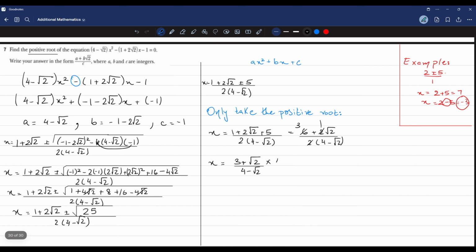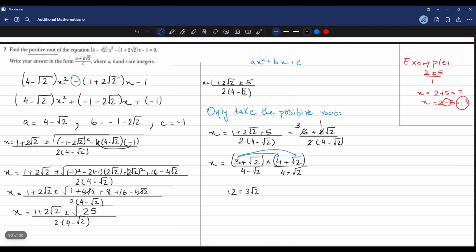And how will we do that? We are going to use the conjugate. So 4 plus under root 2 divided by 4 plus under root 2. Essentially, we are again multiplying by 1. And if you multiply this, I'm going to use the FOIL method. The first value multiplied by the first value, you're going to get 4 3s is 12. Outer value multiplied by the outer value is 3 under root 2, so we are going to get plus 3 under root 2.